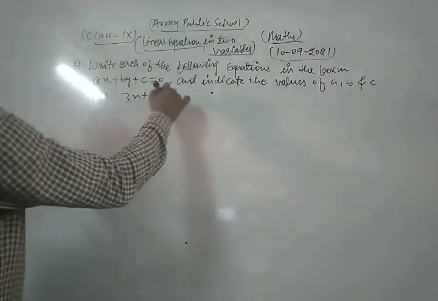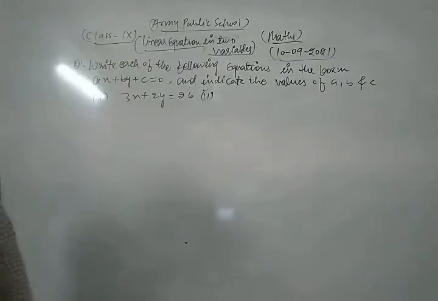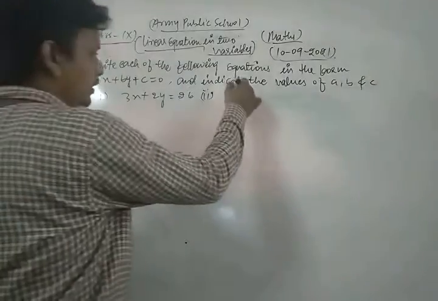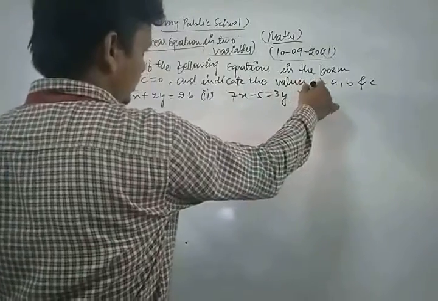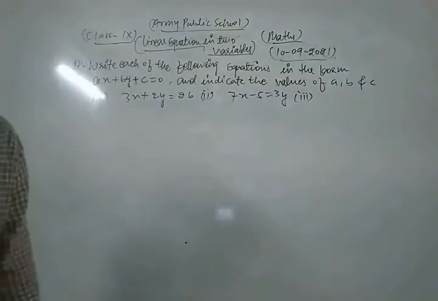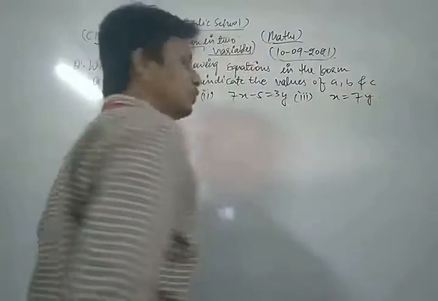The questions are: 3x plus 2y is equal to 26. Second part of this question: 7x minus 5 is equal to 3y. Third part: x is equal to 7y.